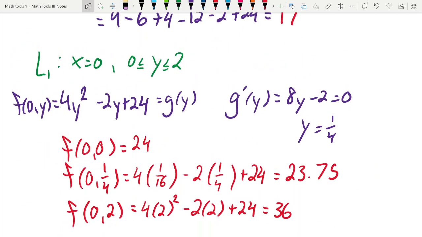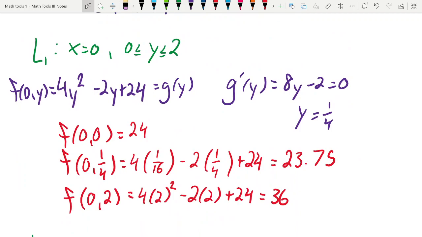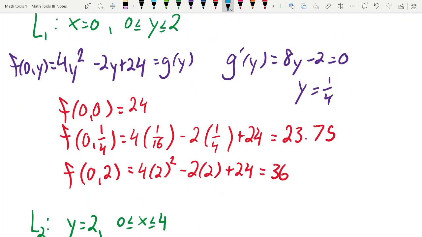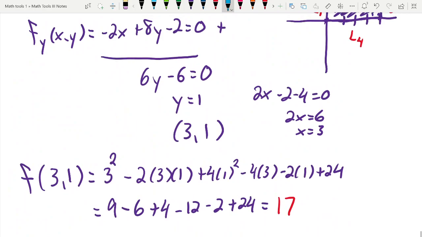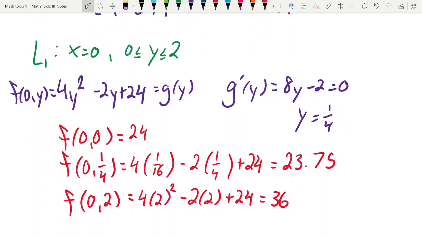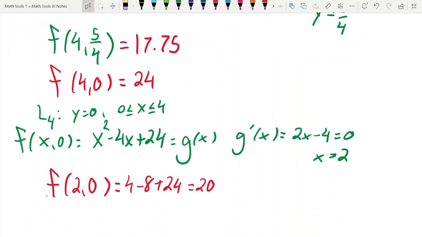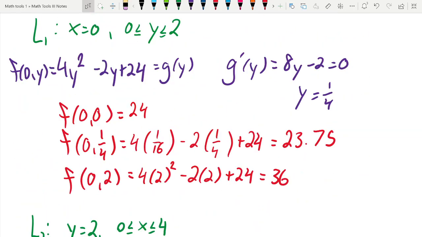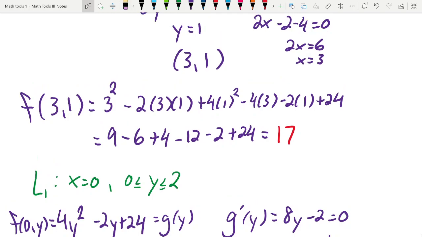So let's go through and find the smallest one first of all. 17 was in the one, right? So 17, I think, is the smallest one. There's 17.75 there. So this is the global minimum.